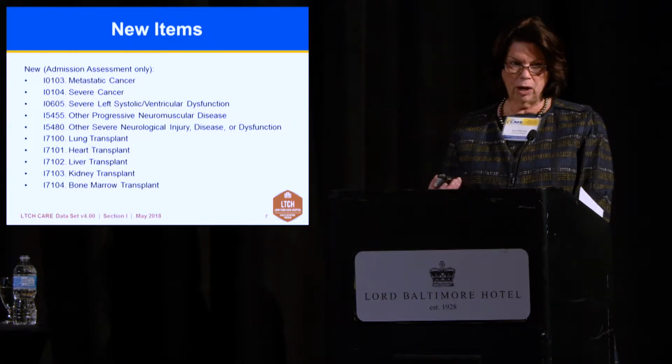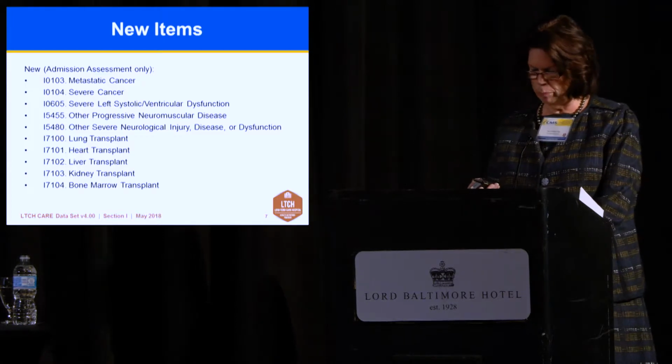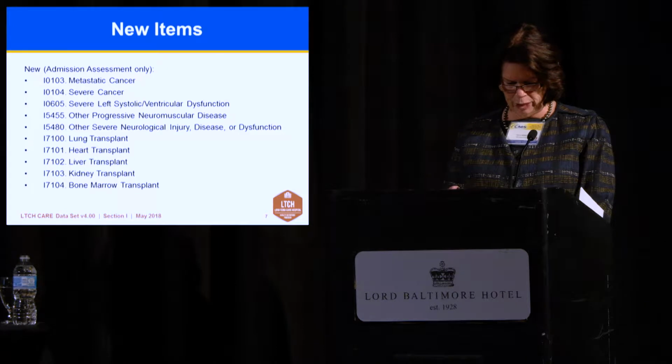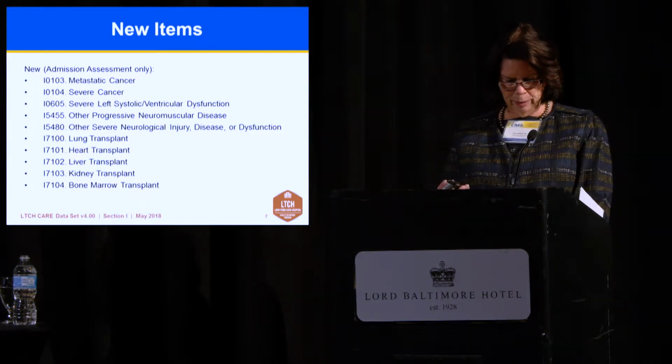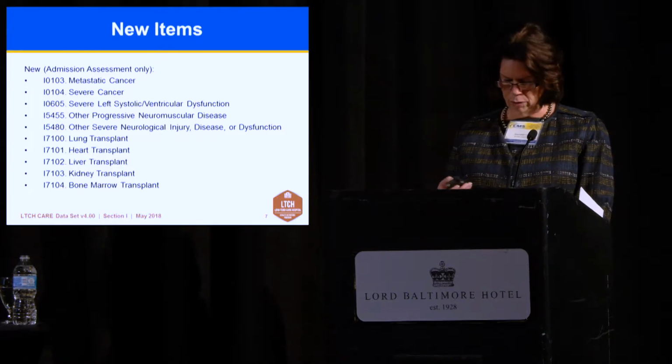Again, this was feedback and input from our technical expert panel that developed the quality measures for ventilation liberation. The remaining items are associated with organ transplants. Again, these are risk factors for the ventilation liberation measures.